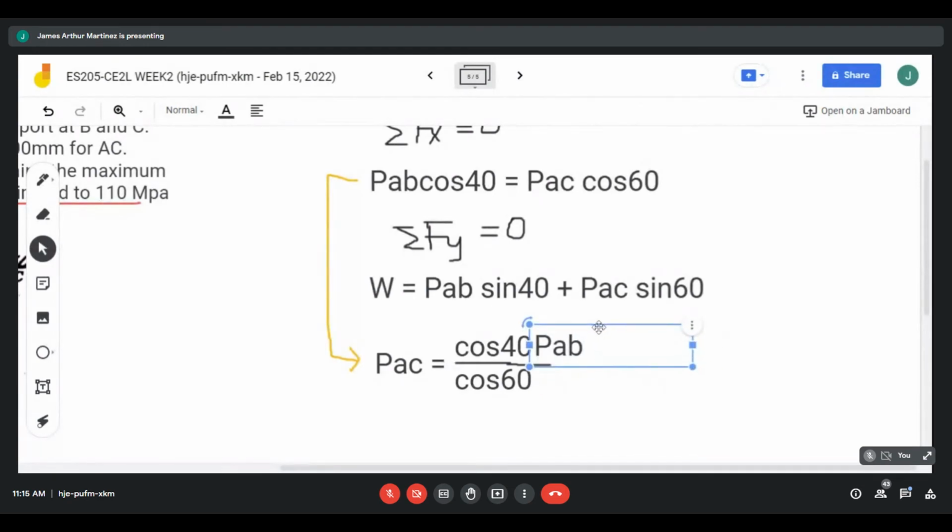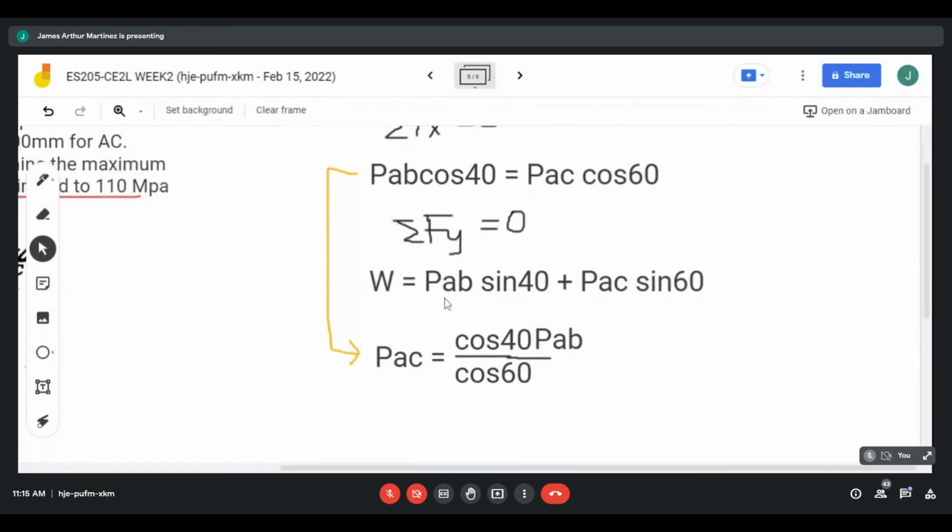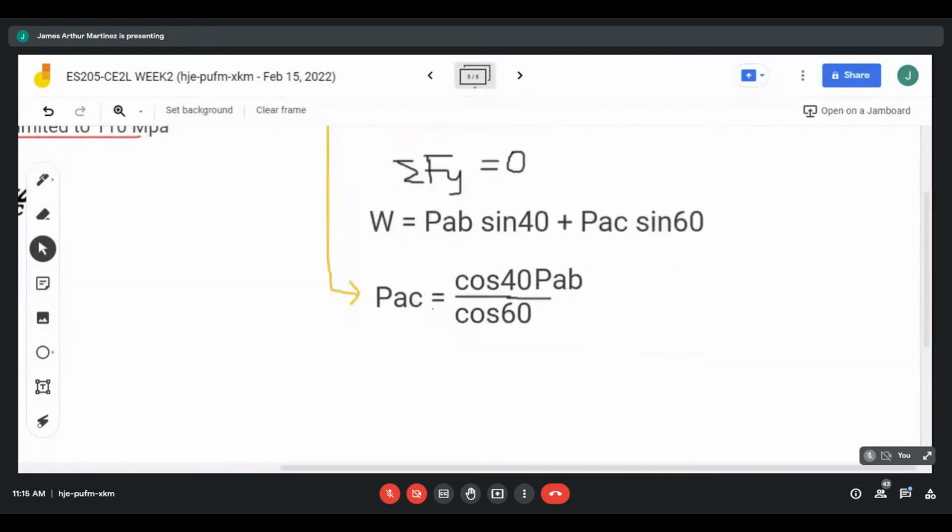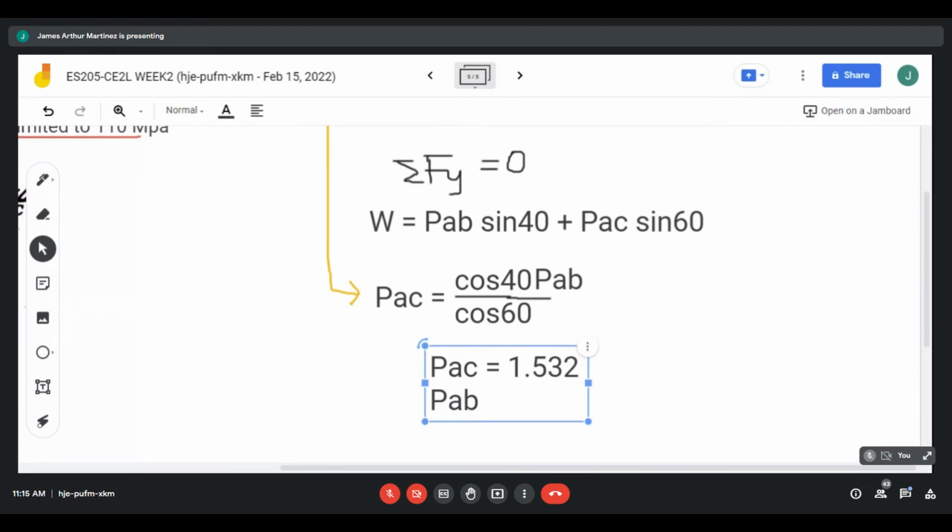Let's simplify: cosine 40 divided by cosine 60. You have PAC is equal to 1.532 of PAB.